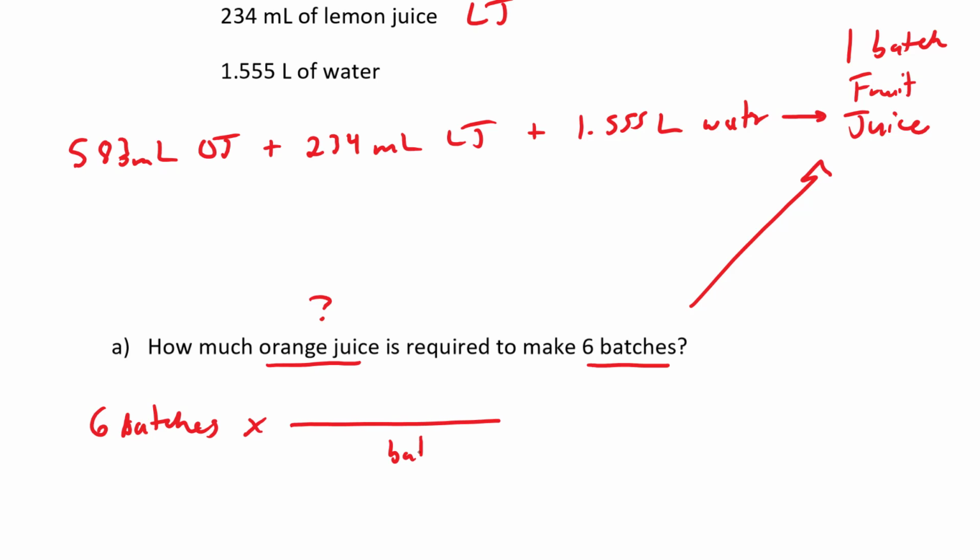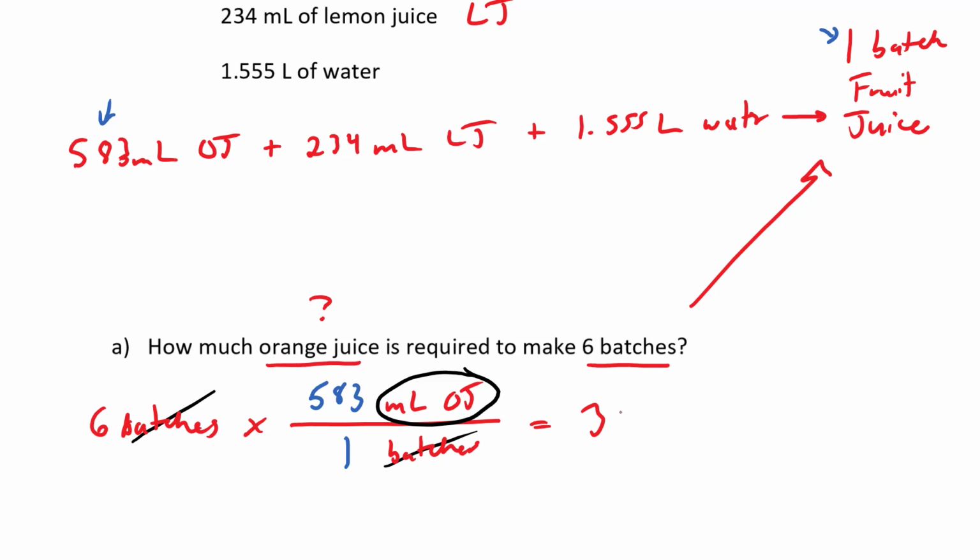I want to get rid of batches of my fruit juice, and I want to convert to milliliters of my orange juice. I go to these coefficients. 1 batch requires 583 mils of orange juice. So 583 mils of orange juice makes one batch. You can see batches cancel out. I'm left with milliliters of orange juice. Multiply those together.